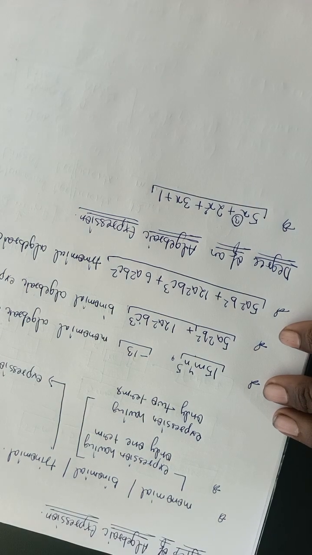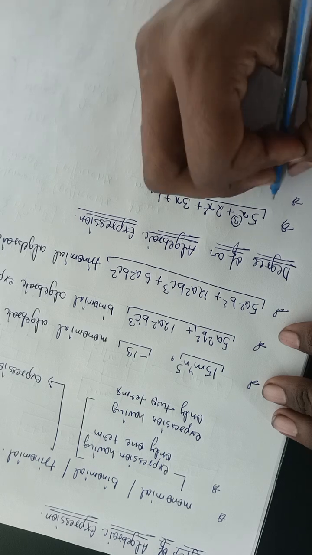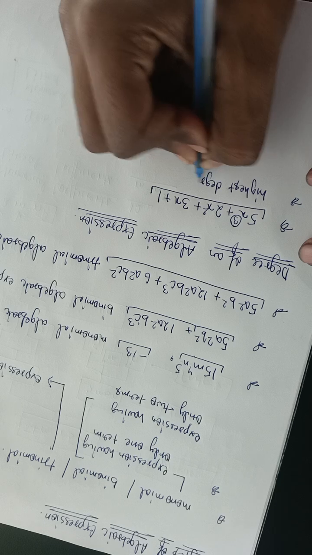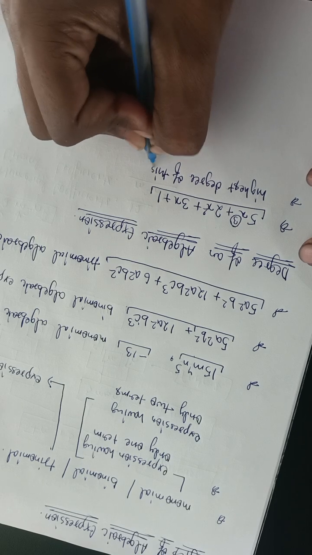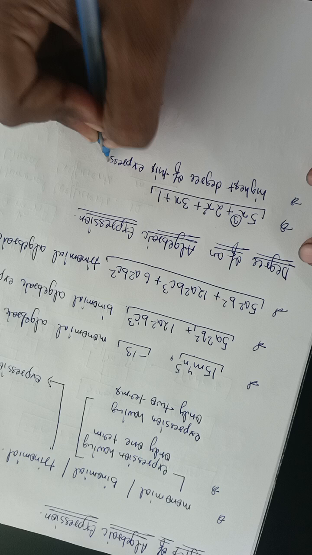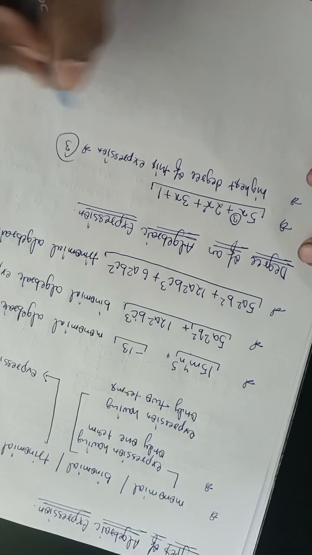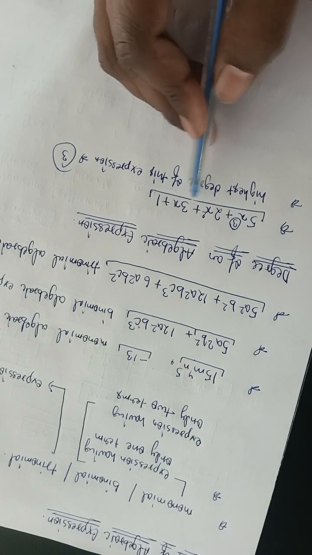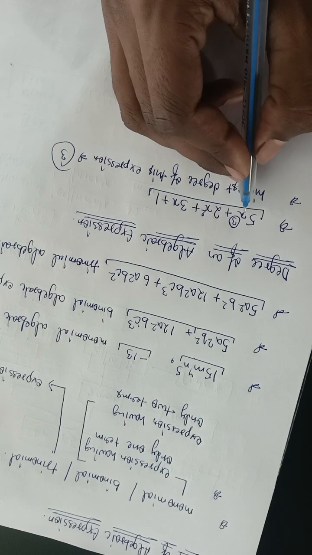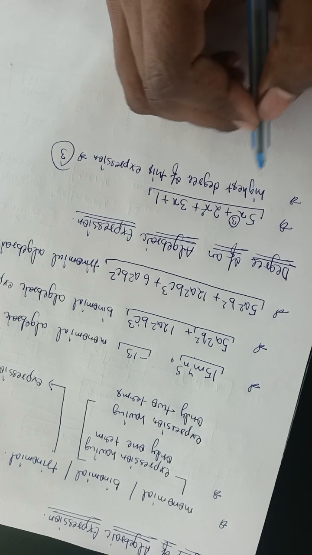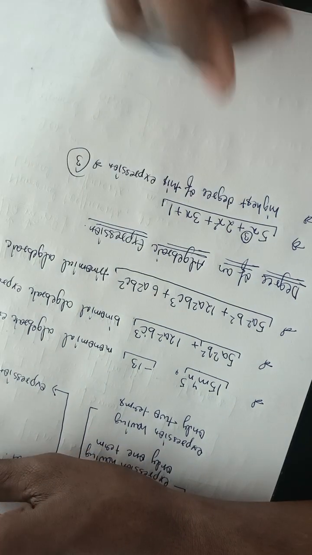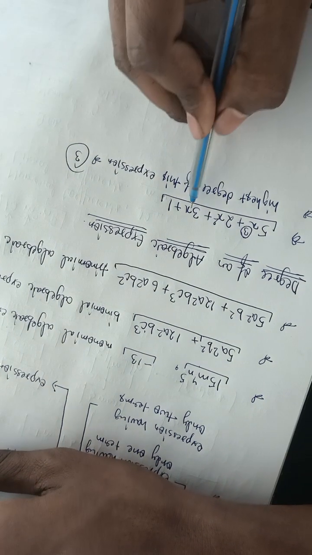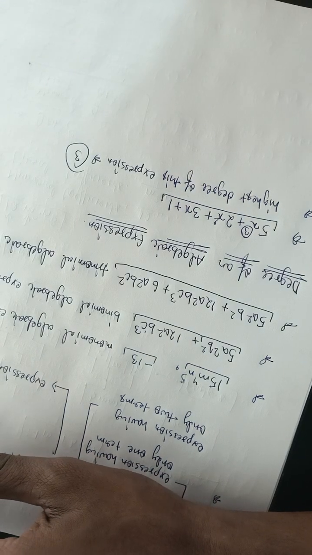The highest degree of this expression will be 3, because of x cube; no other term has a higher power. And the lowest degree will be x to the power 0.